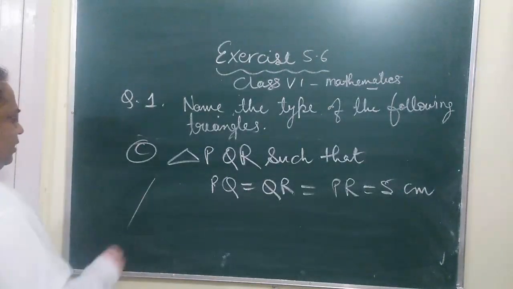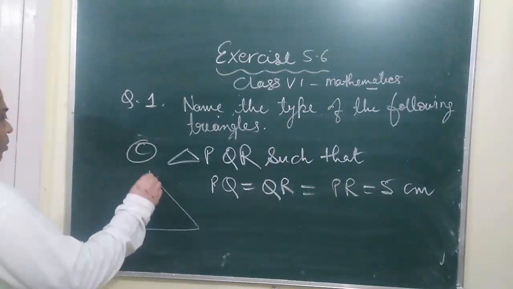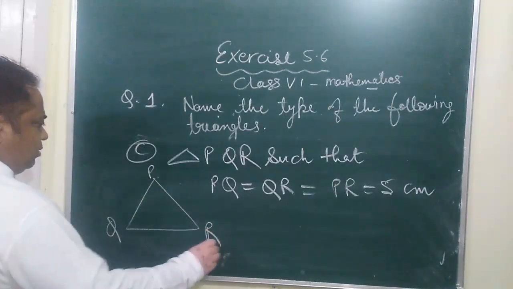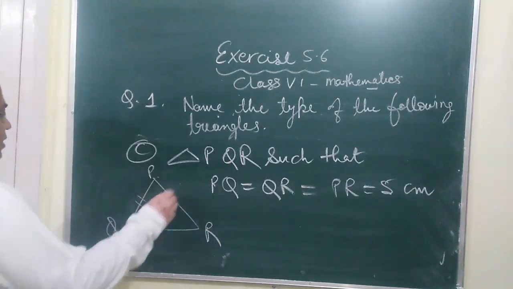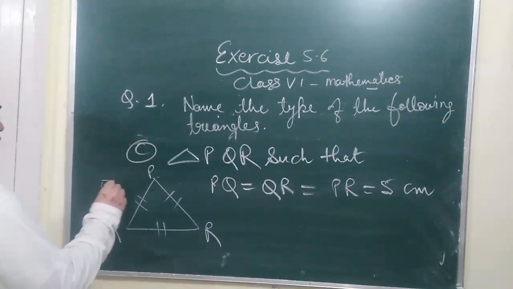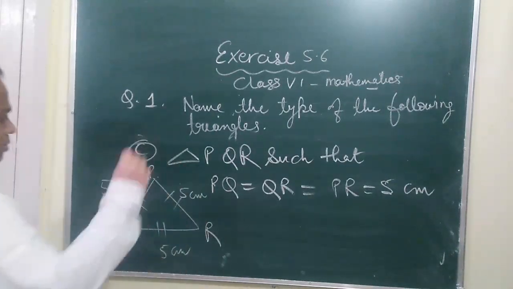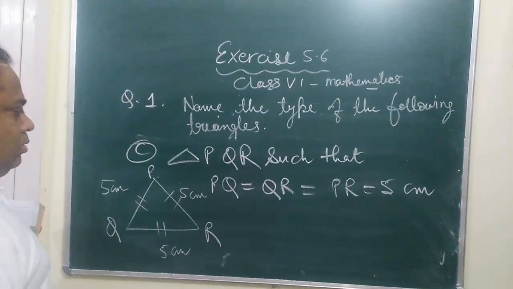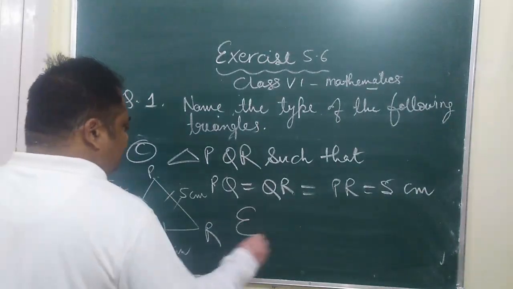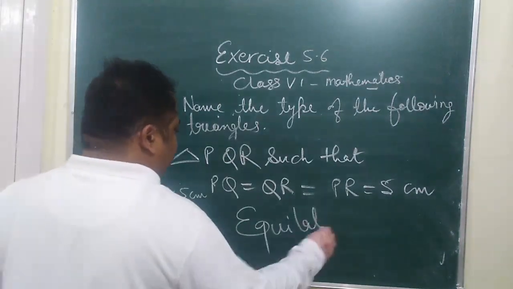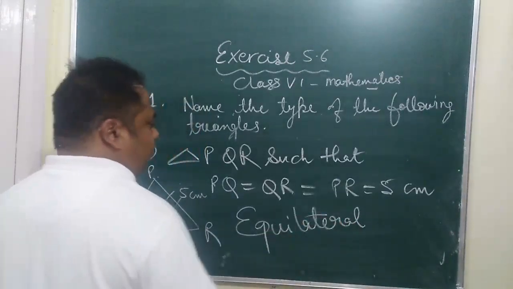So this triangle is like this: PQR, and all the sides are of equal length. Each of these is 5 centimeter. So this kind of triangle is called as equilateral triangle.